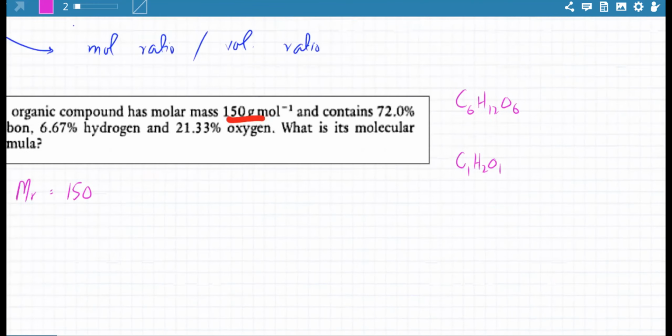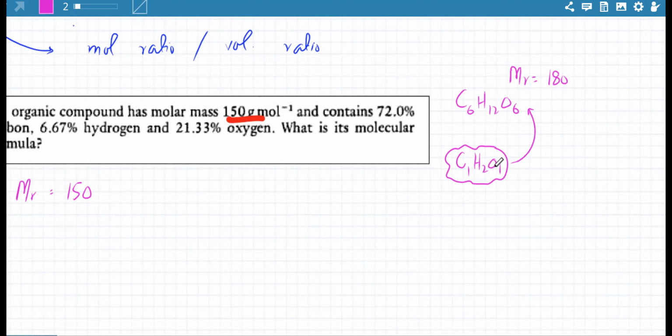So how do you go from the empirical formula to the molecular formula? Assuming you did all your calculations like the ones we were doing, and you found the empirical formula, now you want to find the molecular formula. For that, you need to know the MR, and the MR in this case is 180. So how do you find the formula, assuming you have the empirical formula and the MR?